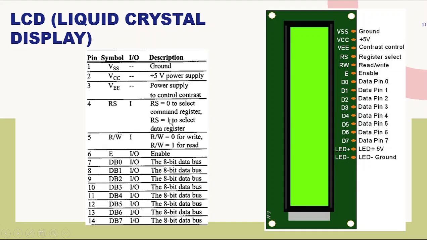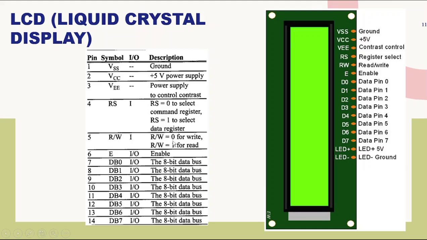And if the RS pin is set to 1, logic high, then whatever data we give in these data pins will go to the data register. So this RS pin is used to define in which register the data should go.